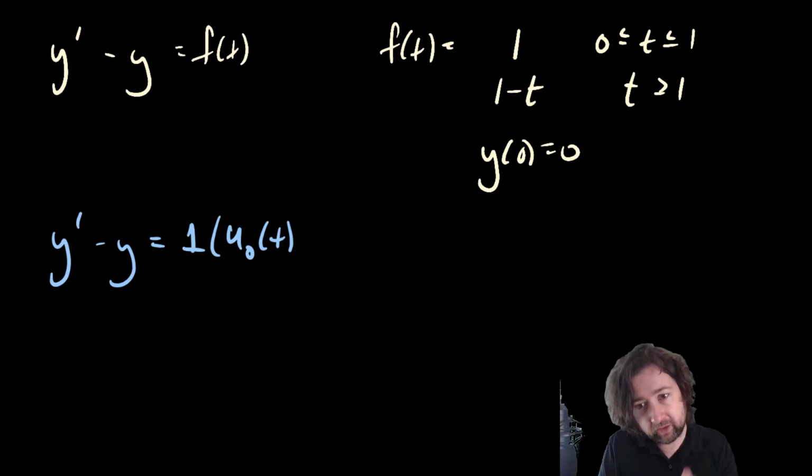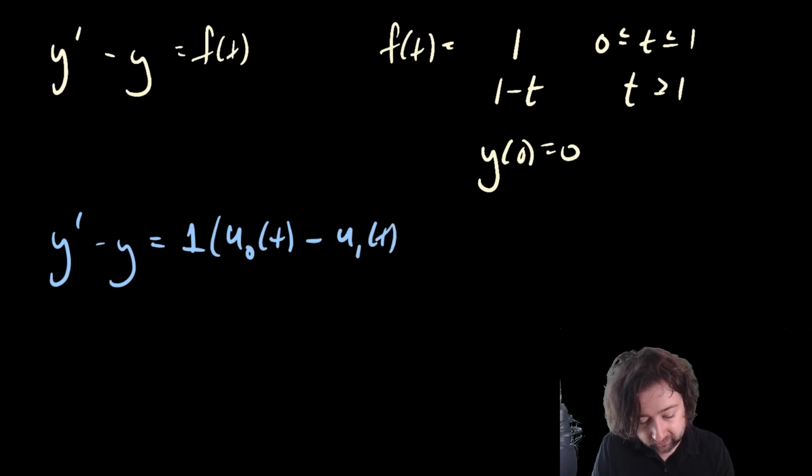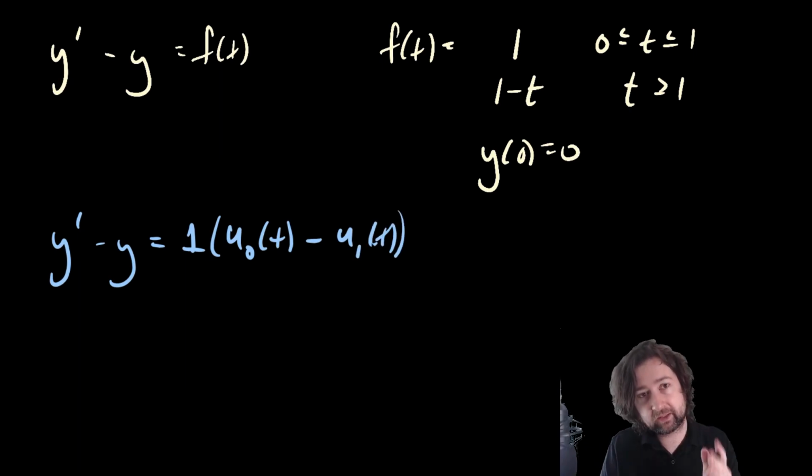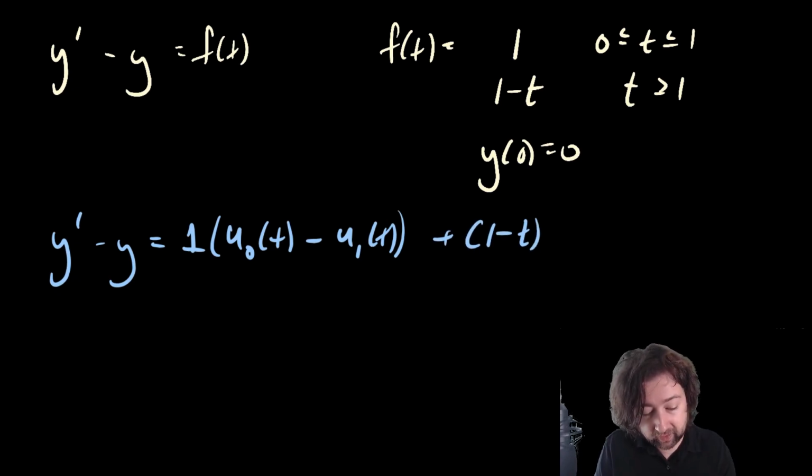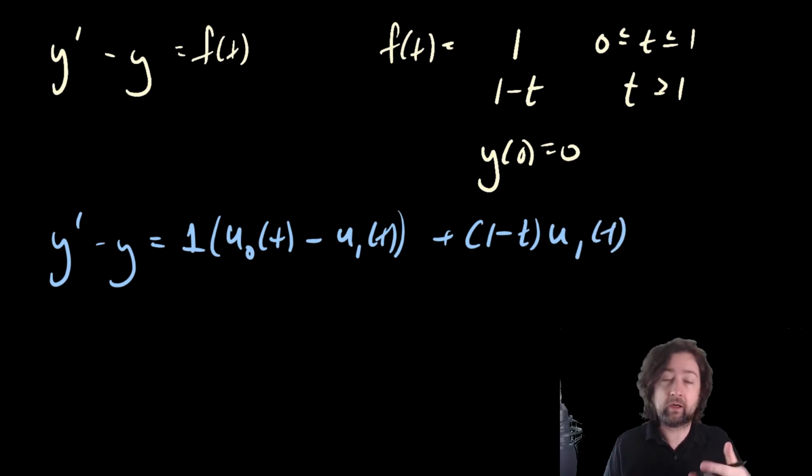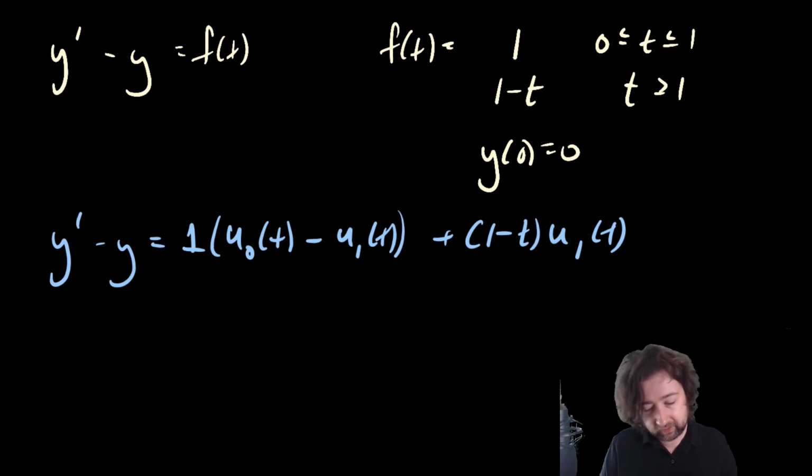Why u1 of t? Because that's when that part of the function turns itself off. Then it's going to turn into 1 minus t from u1 of t and onward. That switch turns on when t is equal to 1 and keeps the function 1 minus t for all time.